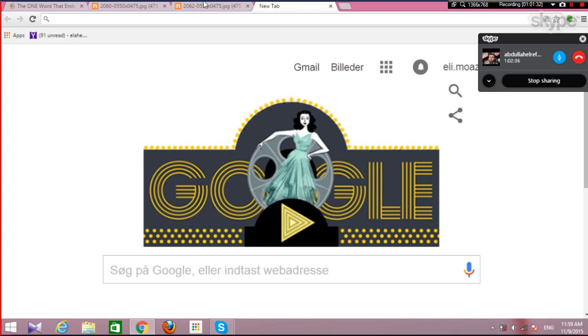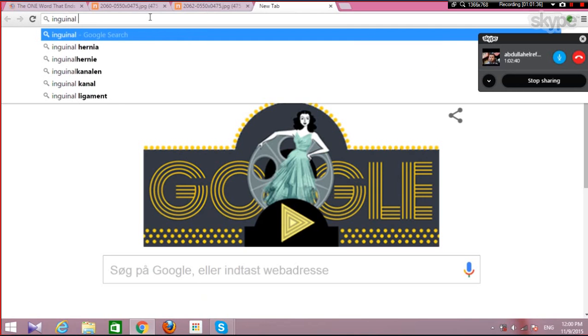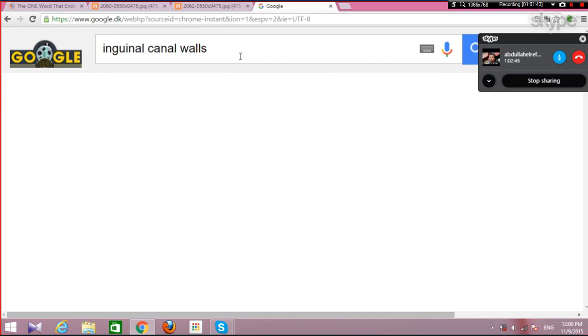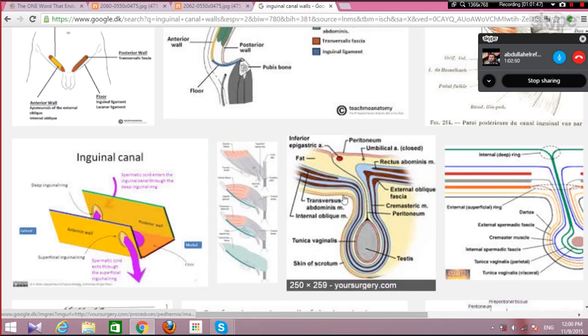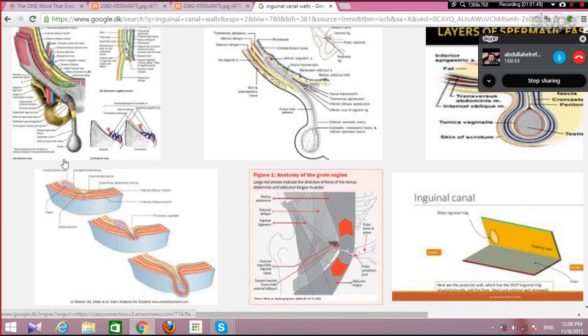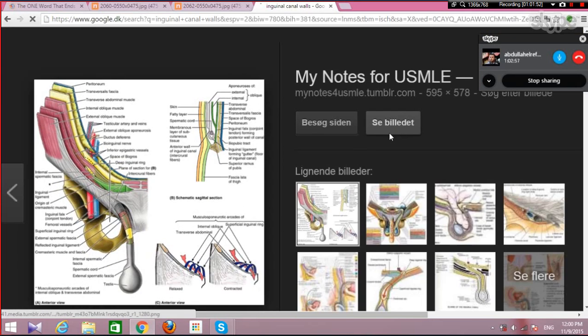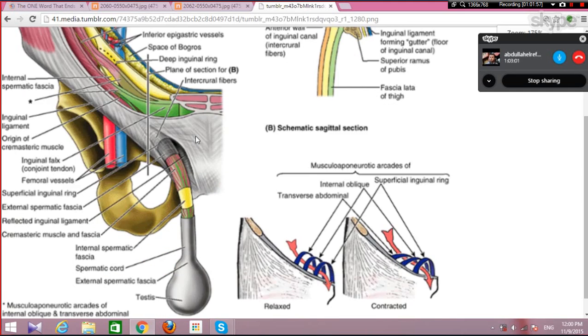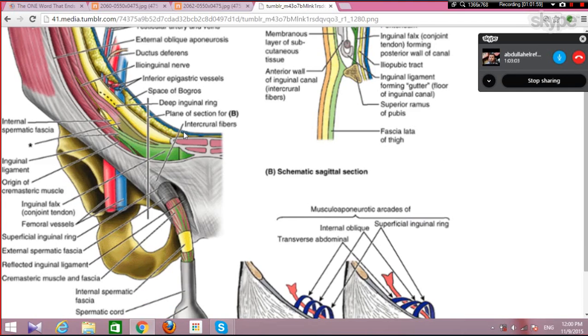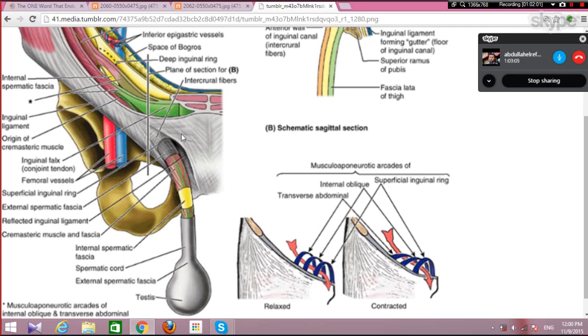Okay, inguinal canal. Let's see in this drawing. Now look at here.